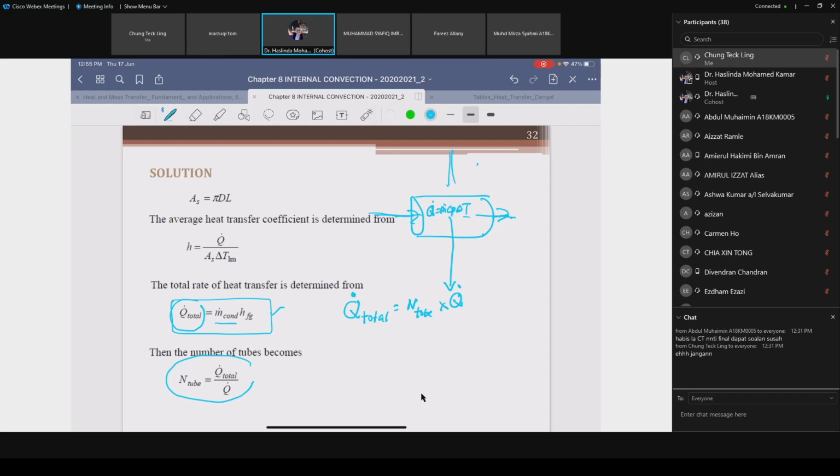Because of that, you can calculate the N tube by rearranging this, so that you can determine the number of tubes. This one we call Q water, to differentiate. This Q total is actually the Q of what?